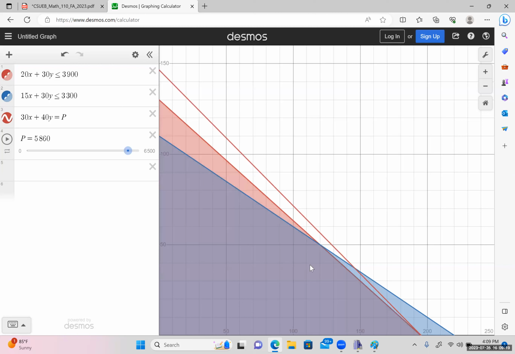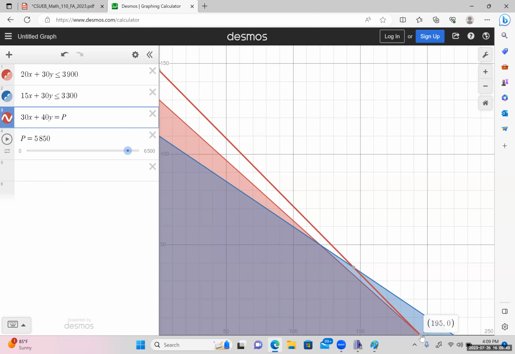Okay, I think this is perfect. It's not really touching, it's kind of outside already. But if I have 50 here, it's going to be exactly x equal to 195 and y equal to 0.